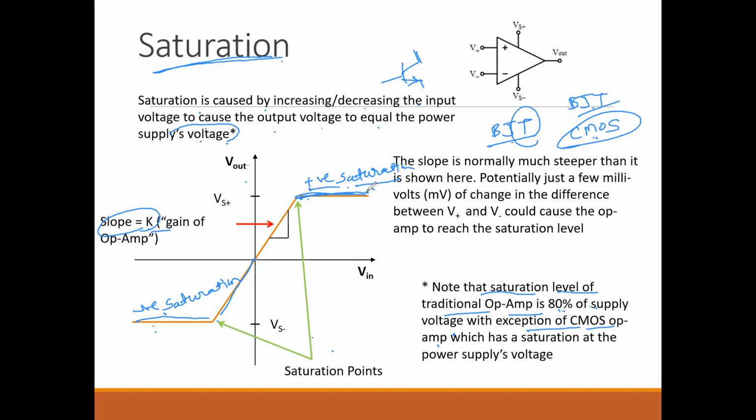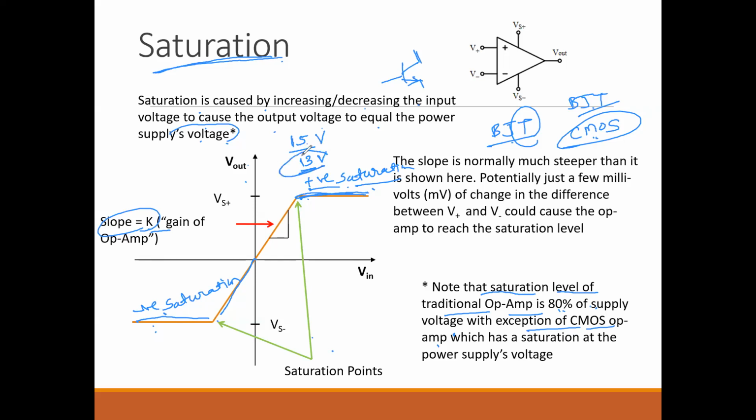Now 80% means what? Suppose you are connecting a 15 volt supply here. So 15 volt's 80% will be around 13 volt. Calculate the exact value, is it the same? 80% of 15, is it coming to 13 volt or something in decimals?